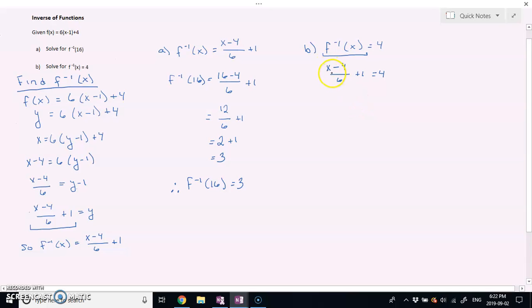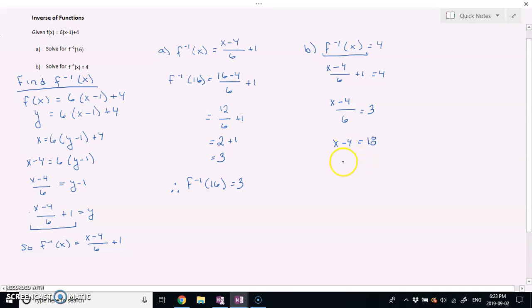So to do that, we'll solve for x now. We can subtract 1 from both sides, and we get x minus 4 over 6 equals 4 minus 1, which is 3. Multiply both sides by 6, so x minus 4 equals 6 times 3 is 18.